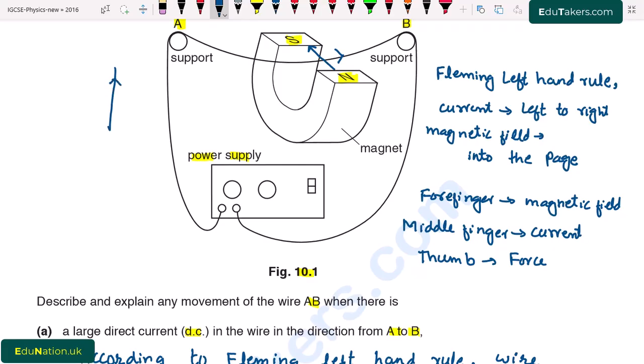There will be a magnetic field that is circular. It means that magnetic field exists around the current carrying wire. And when this wire is placed in the magnetic field, shown here by the magnet, on which two poles north and south are shown.